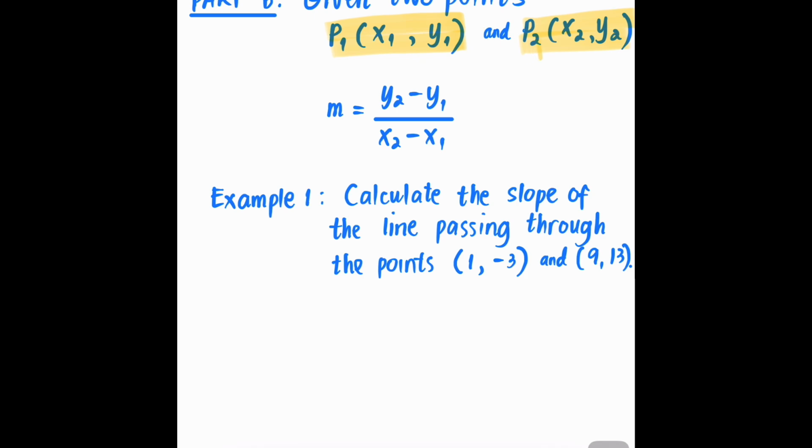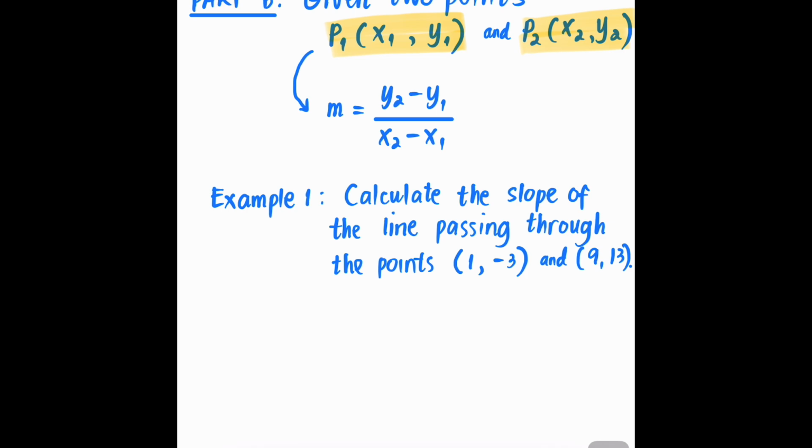Second point, you have coordinates of x sub 2 and y sub 2. So if 2 points are defined, definitely you can apply this formula in calculating the slope of the line passing through 2 points. So you have y sub 2 minus y sub 1 over x sub 2 minus x sub 1. You just simply plug in the values of the coordinates from point 1 and the coordinates of point 2.